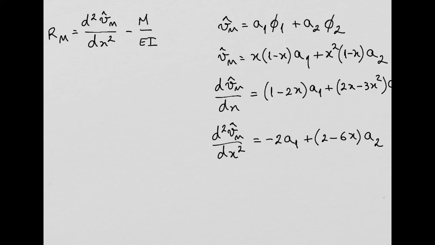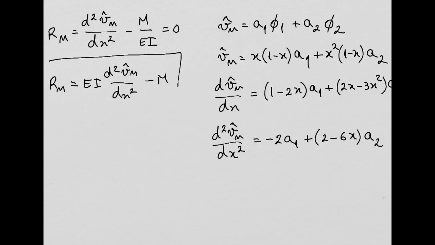So in fact, this needs to be equal to 0 at the end, right? So what I did was I multiply everything by EI. So my residual, in fact, is going to be equal to EI times the second derivative, minus M. Okay?